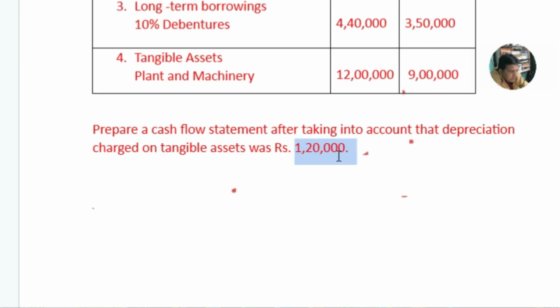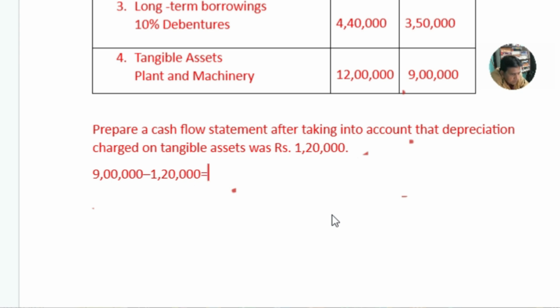So to understand this fact, the opening balance of plant and machinery given is 9 lakh, and during the year depreciation is charged, so that is minus 1,20,000.